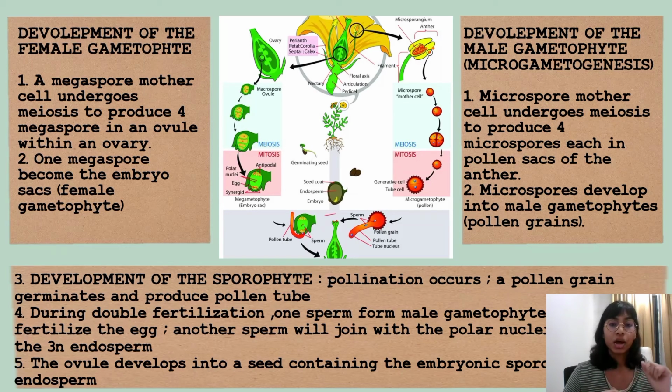Because one sperm cell will fertilize the egg, and the other sperm cell will combine with the polar nuclei, resulting in a 3N endosperm. The first fertilization results in a diploid zygote. As for the ovule, it will develop into a seed, and the ovary will develop into a fruit.